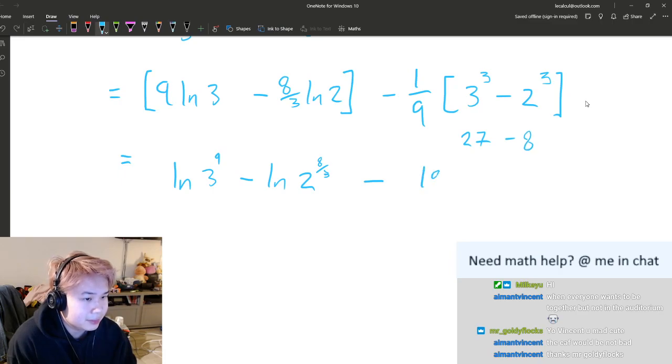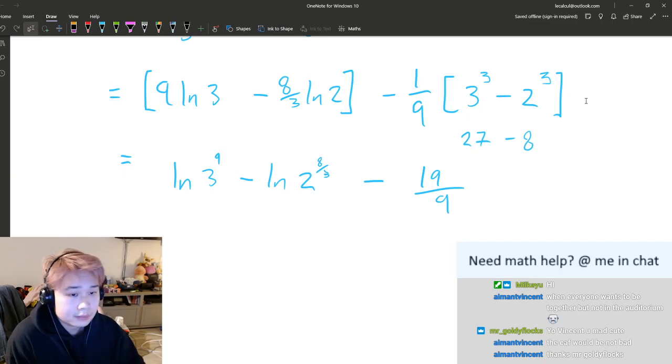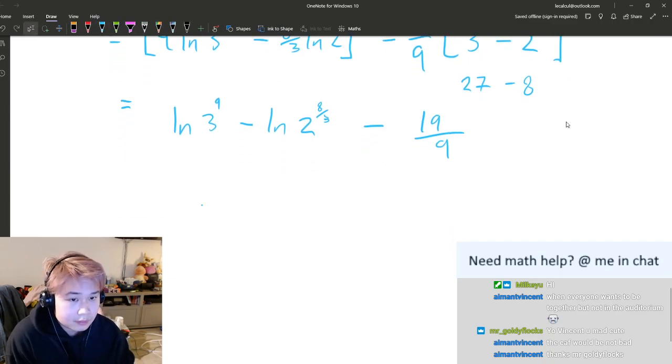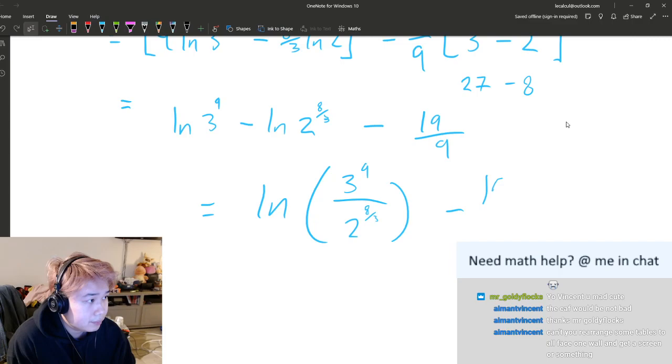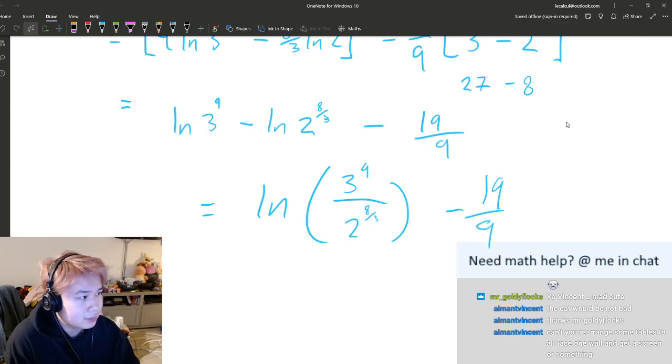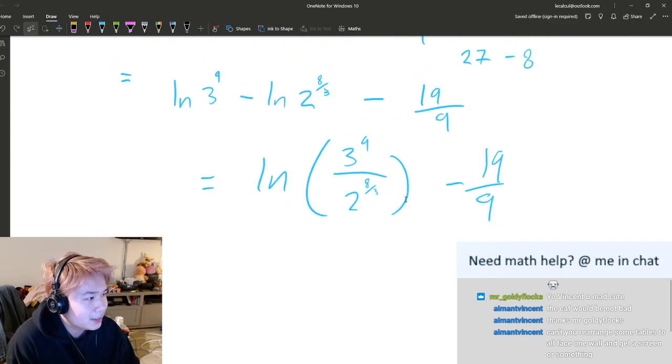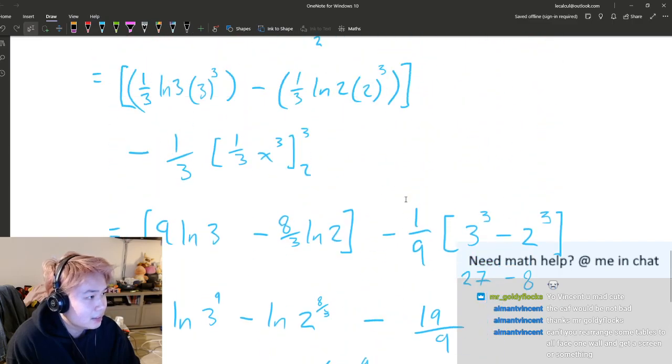And then this just becomes 19 over 9. And then of course you can combine your natural logs together. And this looks so weird, but maybe this is the answer.